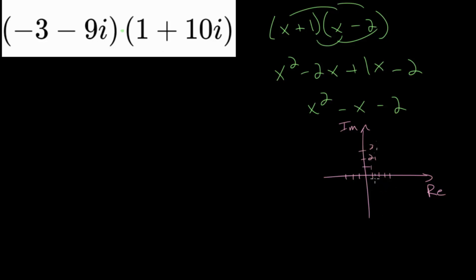And we need to go down to minus 9. So 1, 2, 3, 4, 5, 6, 7, 8, 9. So this point right here would be on the complex plane at minus 3 for the real part and negative 9i for the imaginary part. So this number is just this point on the complex plane. This 1 plus 10i would be 1 over, and then up 10, that would be somewhere up there.